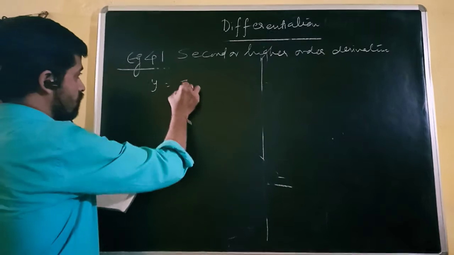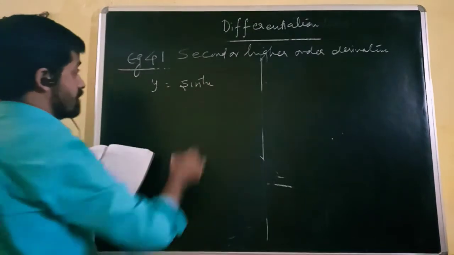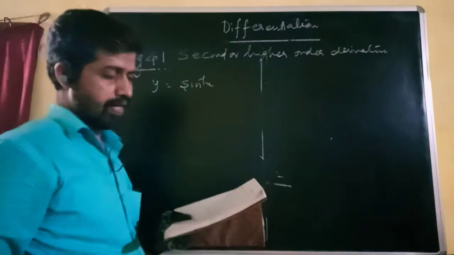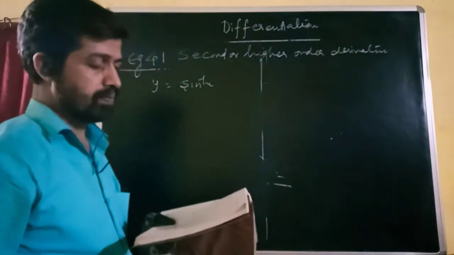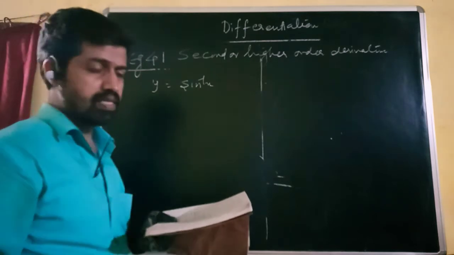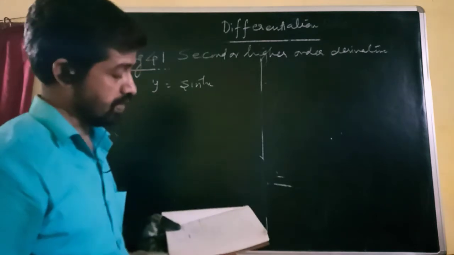y equals sine inverse of x, and do not bother where x belongs to, whether it is in principal branch or anything. If it is not mentioned, then consider x in the principal branch.